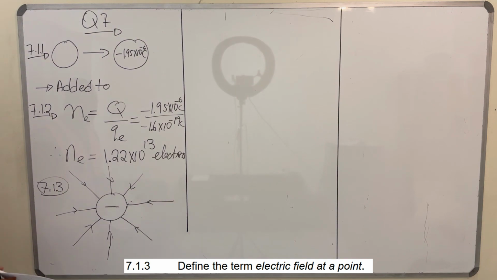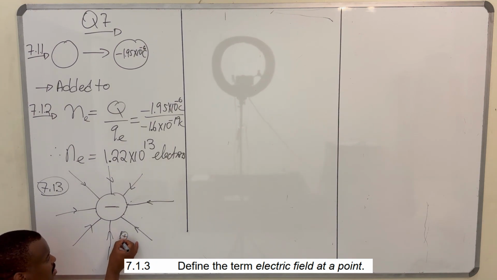Now, if within this field, close enough, you put maybe a positive charge here, this positive charge will interact with the charge of yours. Actually, this charge of yours also has its own field around itself, right?